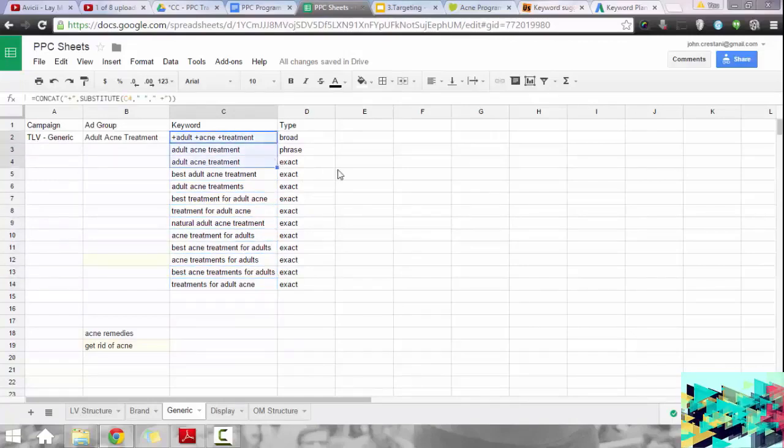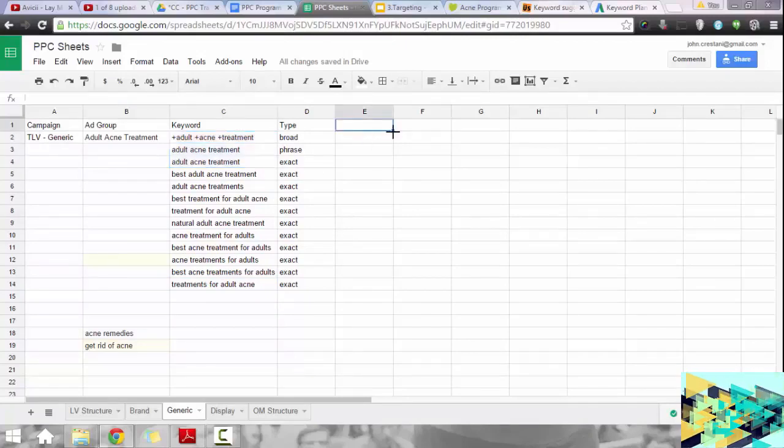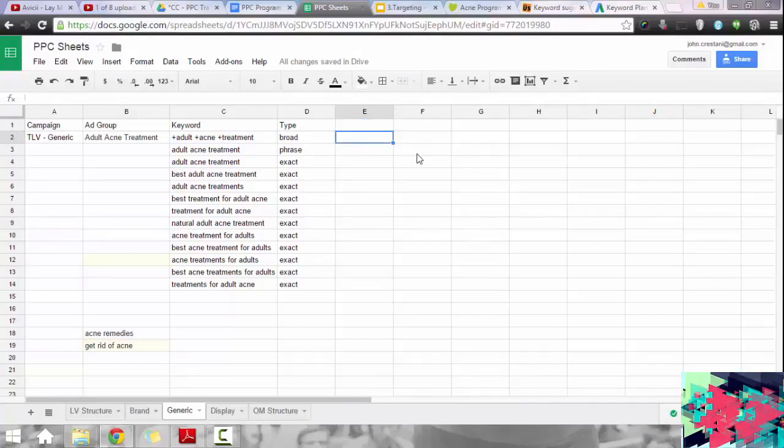So we have 14 keywords in this ad group. This is a really solidly built out ad group, and the targeting is perfect on this ad group. Now what we'll have to do is test, obviously, is it going to work, and if we're expecting a conversion rate of 1%, we have to bid around 40 cents.